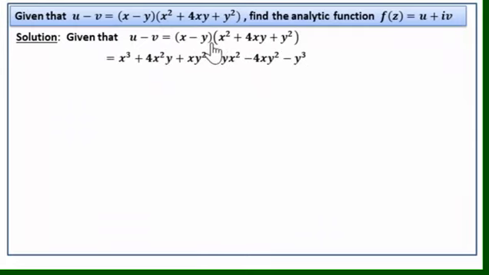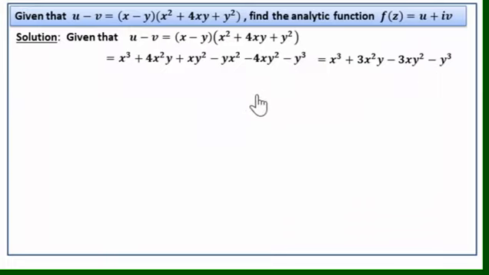Multiplying these, we get x cube plus, here we have 4x square y minus x square y, that is plus 3x square y. Okay, and xy square minus 4xy square is minus 3xy square. Then we have minus y cube. So this is our u minus v.